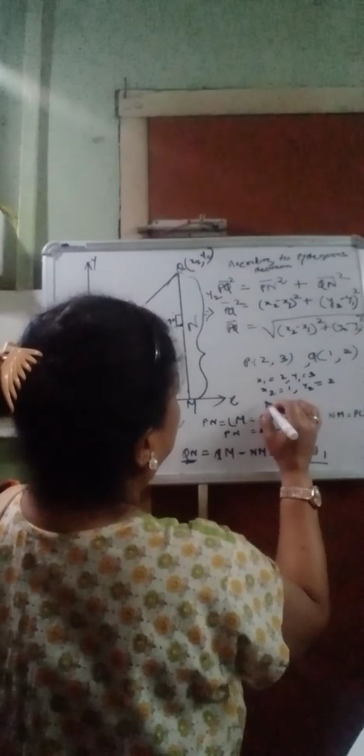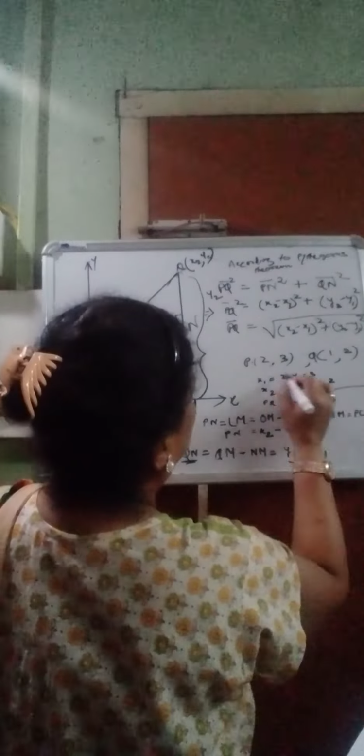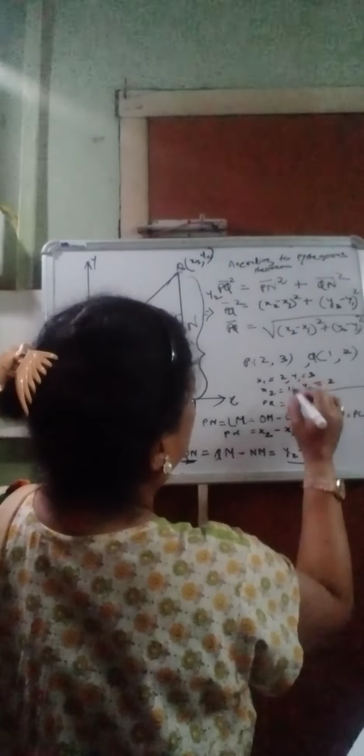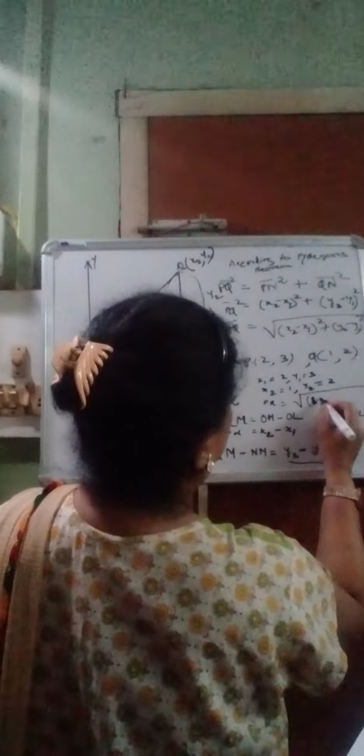So PQ becomes very simple: root over x2 minus x1, x2 is 1 and x1 is 2, whole square, plus y2 minus y1, y2 is 2 and y1 is 3, whole square.